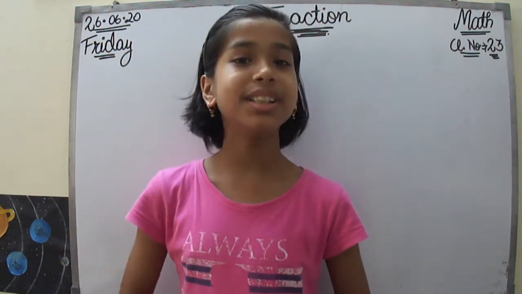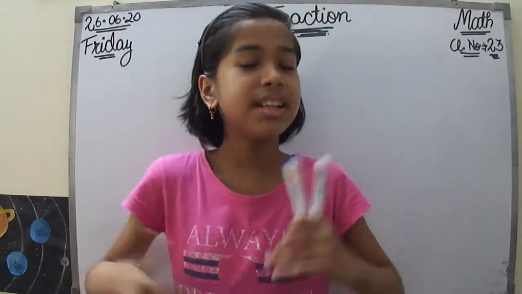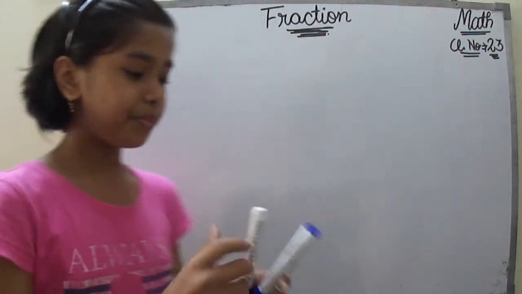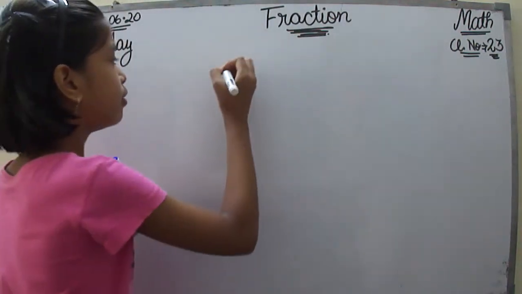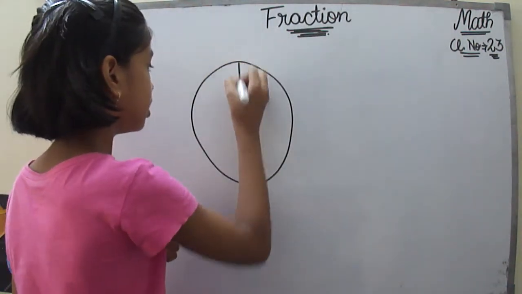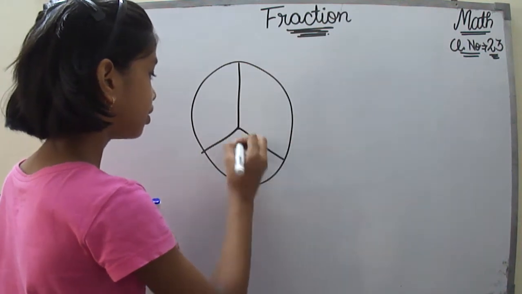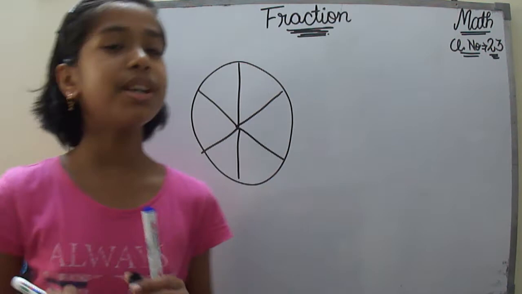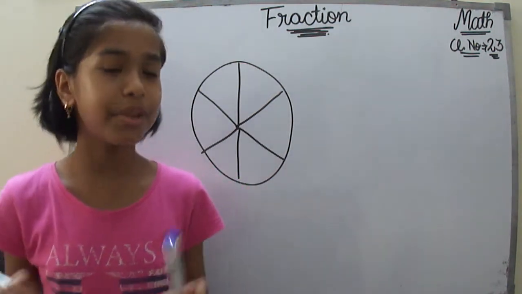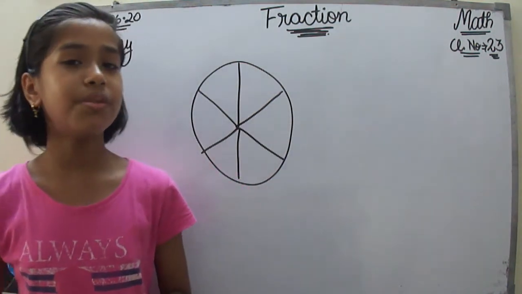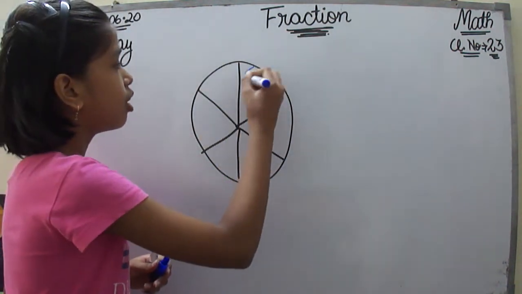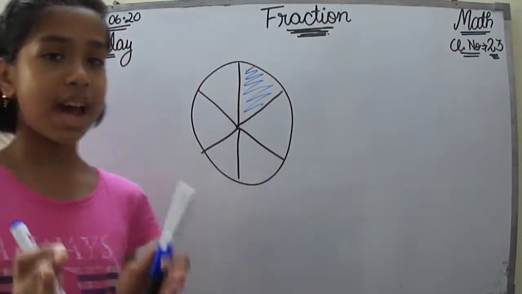For example, let's suppose I have a pizza. If that pizza is divided into 6 equal parts, and I want to tell about this part, what word can I use?